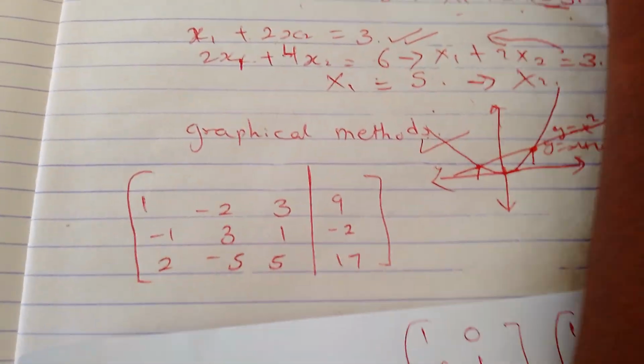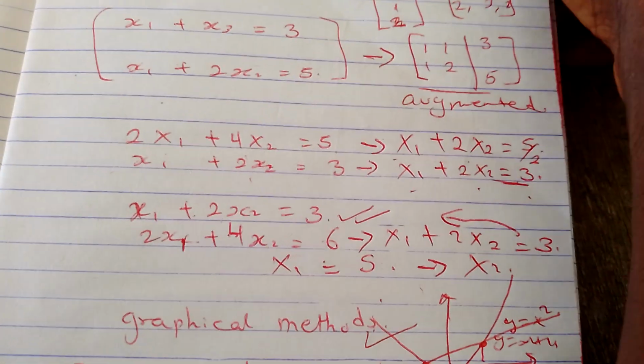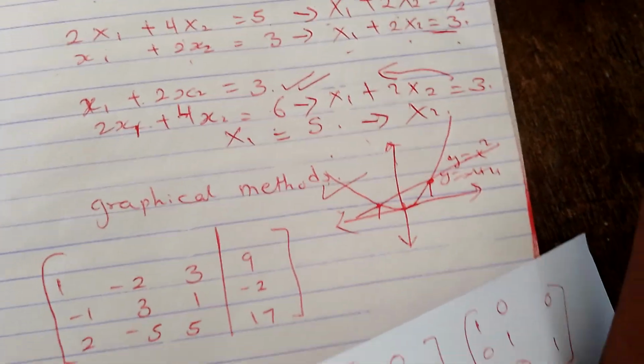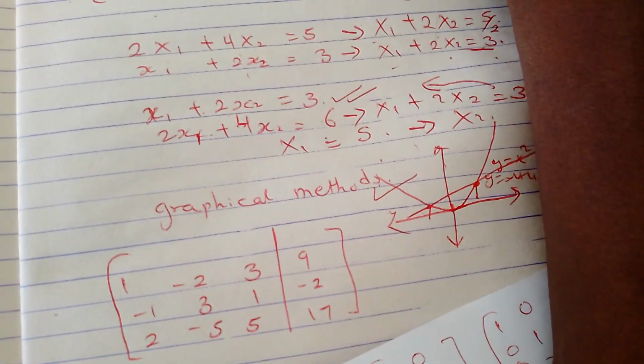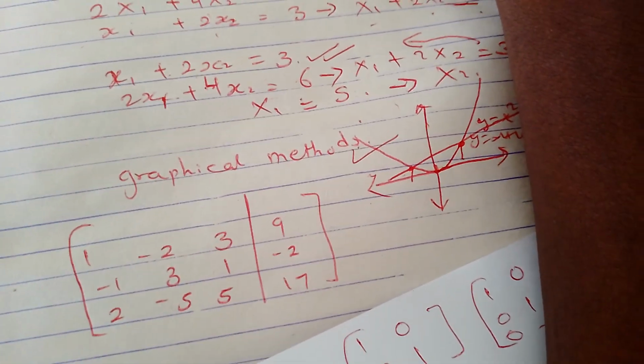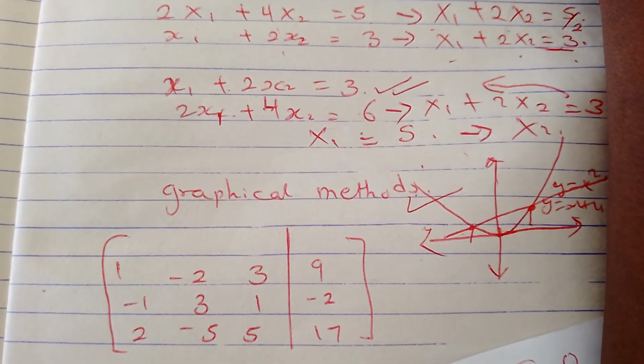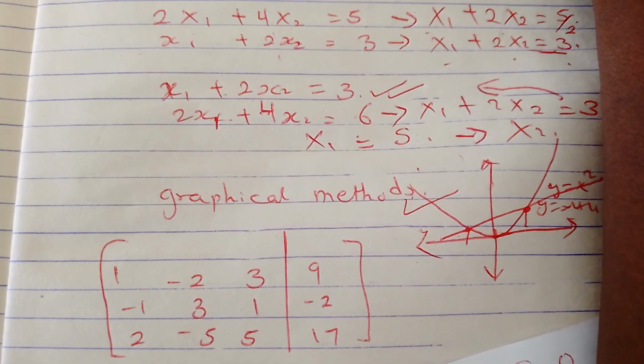Okay, so let's go more to the linear solutions or linear equations. It's easier to solve linear equations using matrix methods, right? Because matrices are easier to manipulate, and then we can also use the calculator for that.